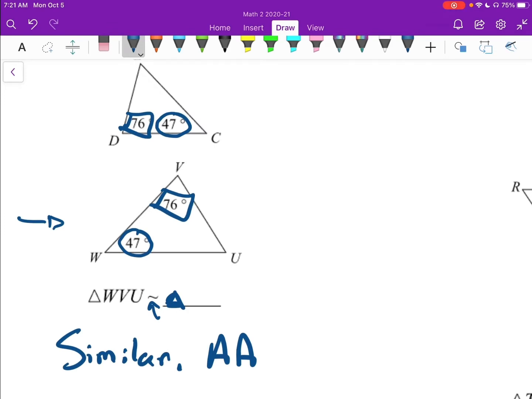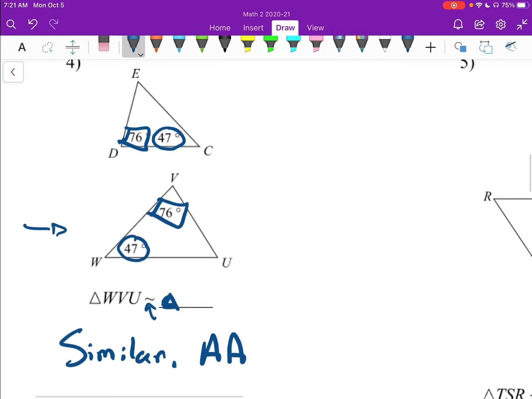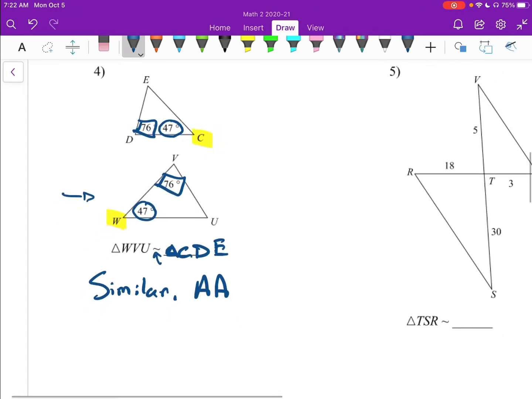For the second one, we need to do this. The point that corresponds to W needs to go first. So W has an angle of 47. Up here, C has an angle of 47. So for starters here, we're going to have to put a C. And then we have V, and V goes to 76, so D. And then the only one left over is E. So that's how we do that.